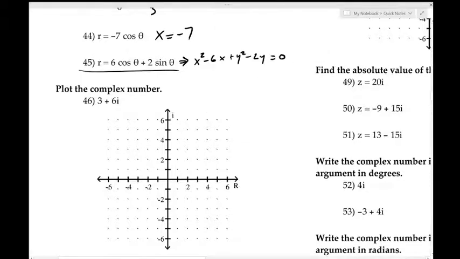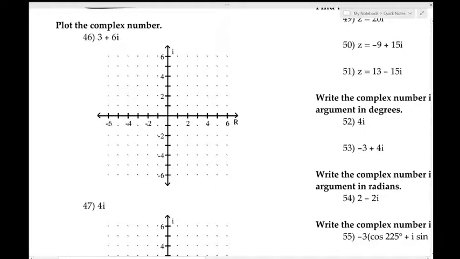Okay, number 46, when we're trying to plot complex numbers, remember that we're no longer thinking of our x and y system. We're thinking of the real axis and the imaginary axis, where the first component is the real component and the second component is the imaginary.